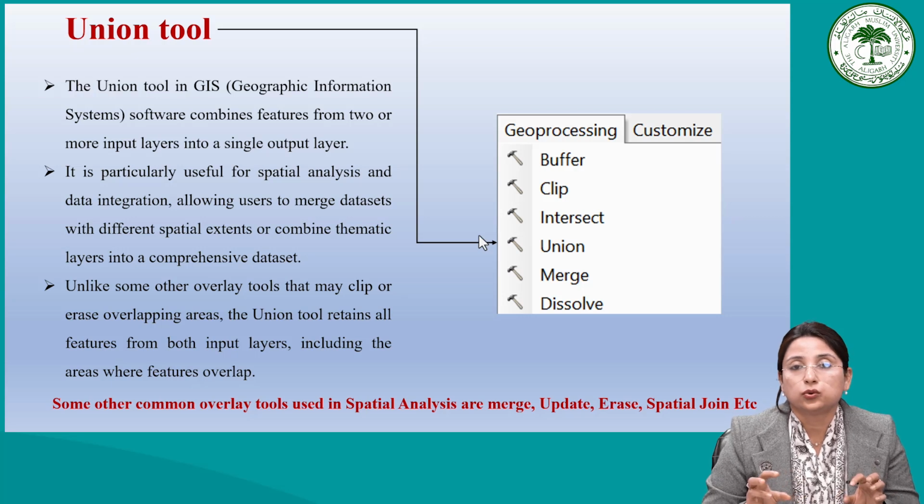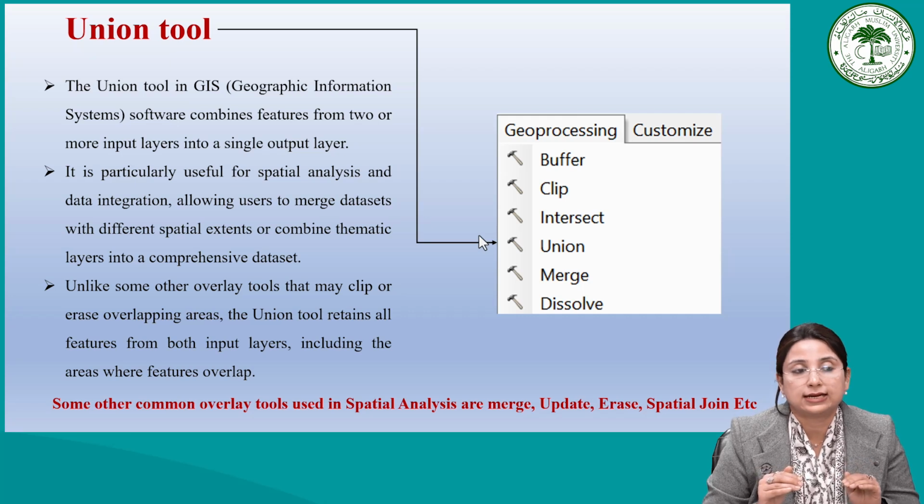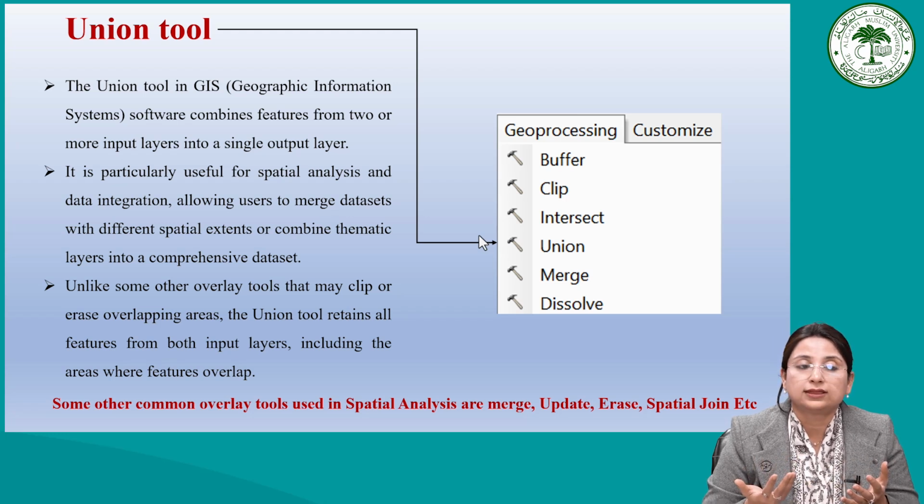So the union tool in geographic information system software combines the features from two or more input layers, and it allows users to merge different data sets with different spatial extent, and can also form the thematic layers into comprehensive data sets.